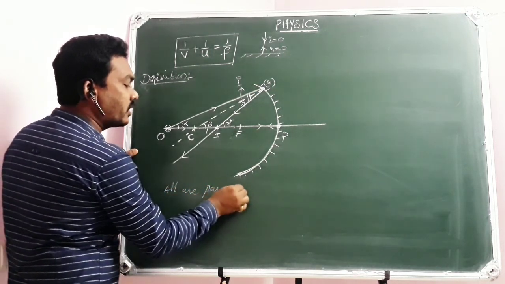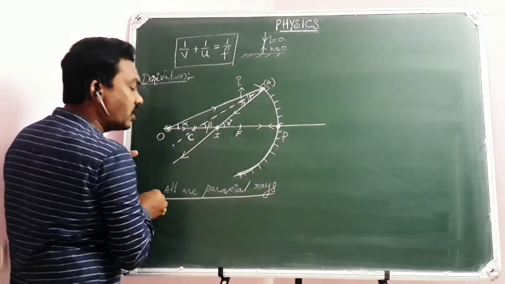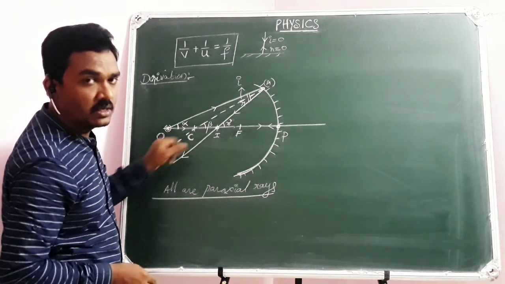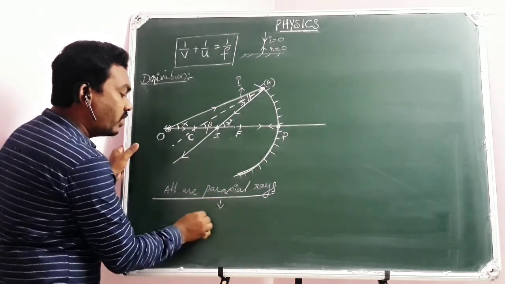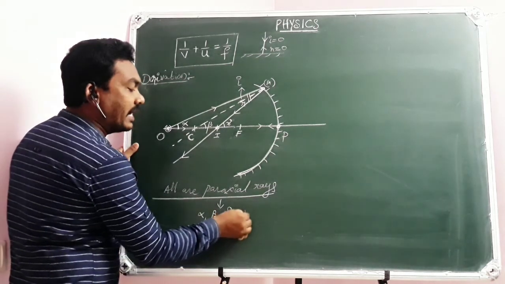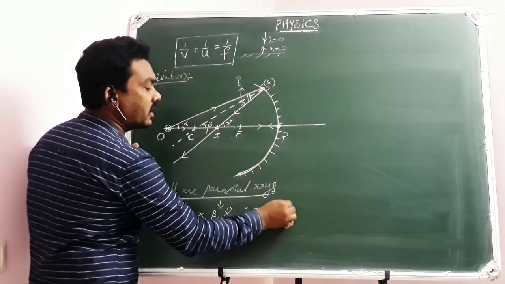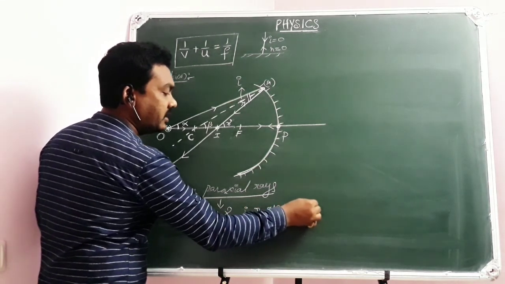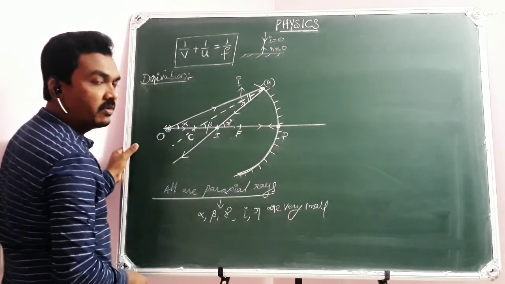Paraxial rays means the rays which are very close to the principal axis. So alpha, beta, gamma, also i, r values are very small. Under the condition of paraxial light rays, these angles are very, very small.